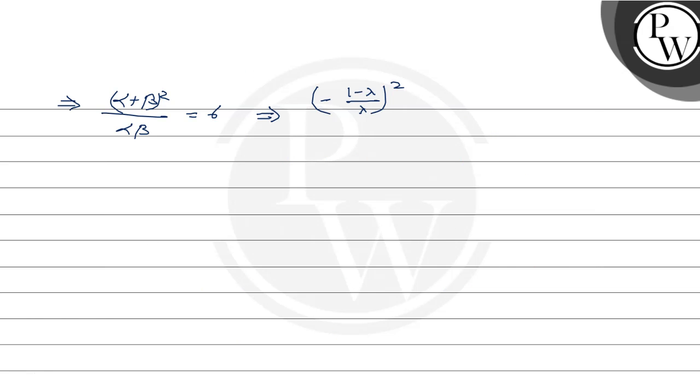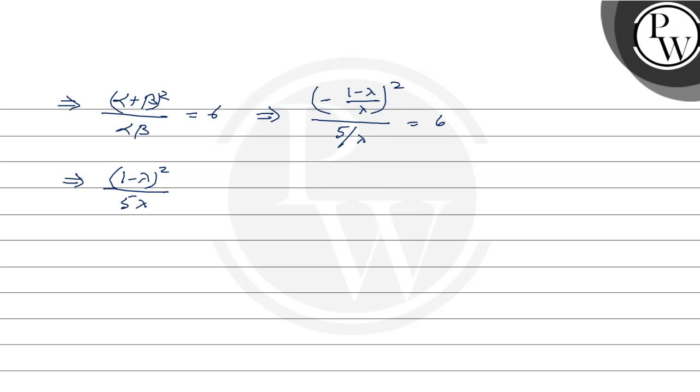So I will be writing here 5 over lambda is equal to 6. Now I am going to solve it. So we will be getting lambda will be once cancelled out. So we will be getting only (1 minus lambda) whole square, because this is minus, so that will be alright, and divided by 5 lambda.